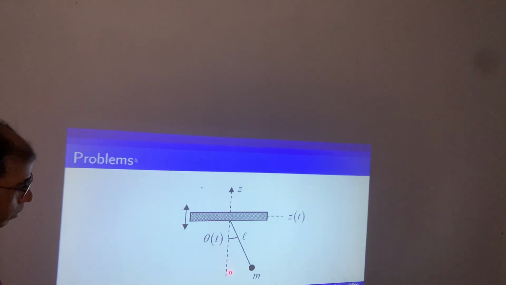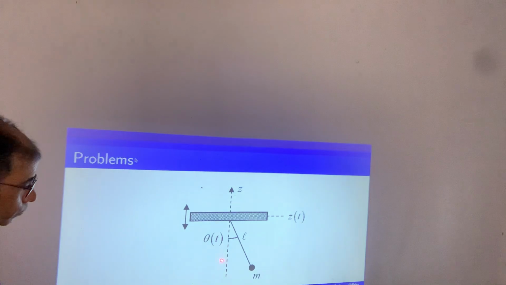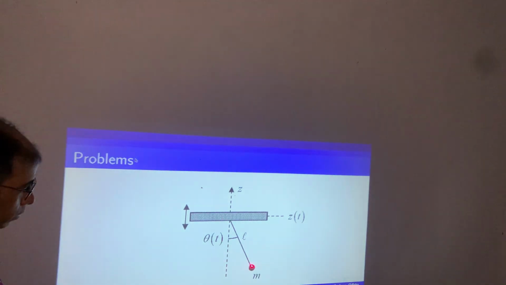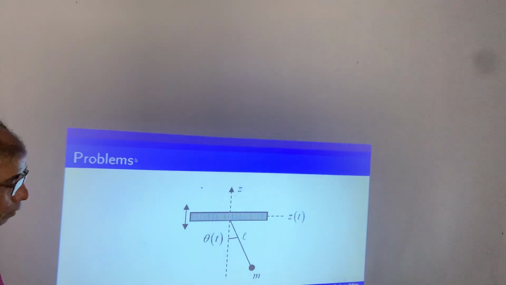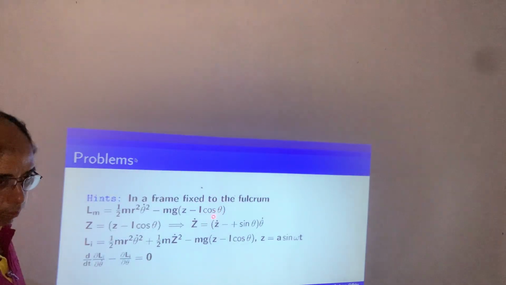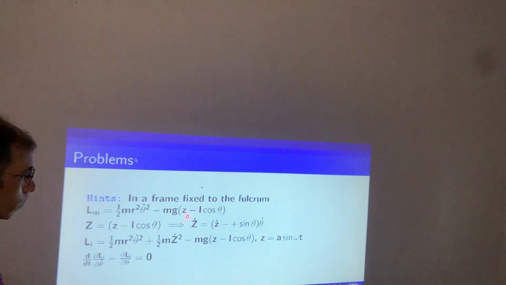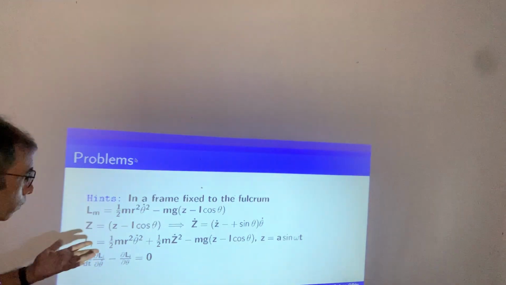This z is measured from some reference base, and this is L cos theta. So the height of the pendulum from the base is z minus L cos theta. This is the total energy with respect to a reference frame fixed to the fulcrum.